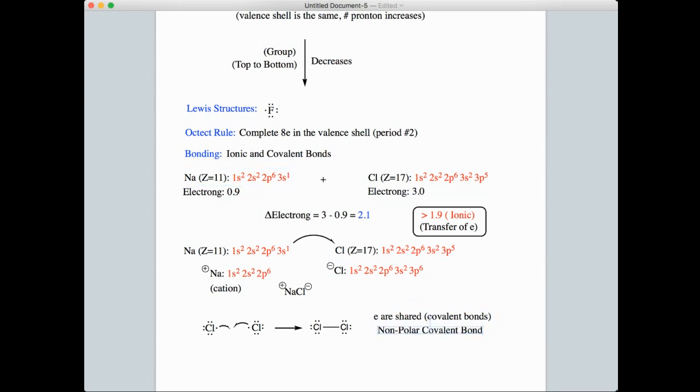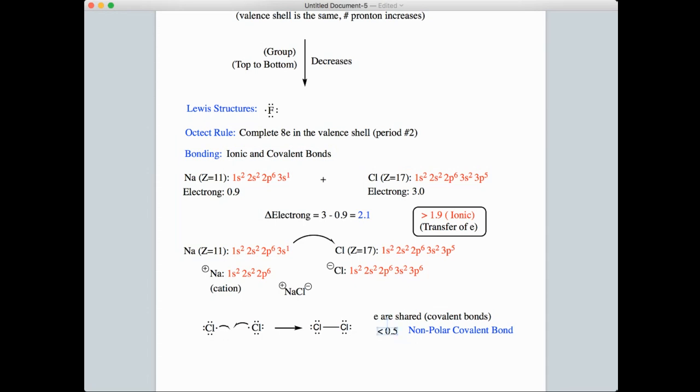So whenever 2 atoms react and there is no transfer of electrons, but electrons are shared, the result of this bonding is going to be a covalent bond. And if the difference in electronegativity between these two atoms is below 0.5, then we will be talking about a nonpolar covalent bond.